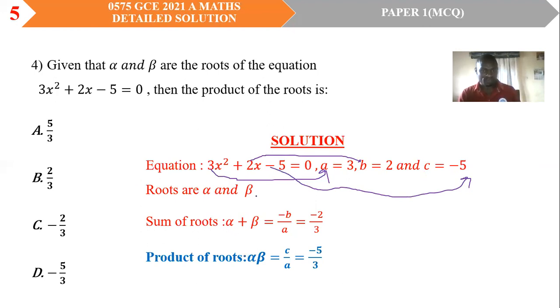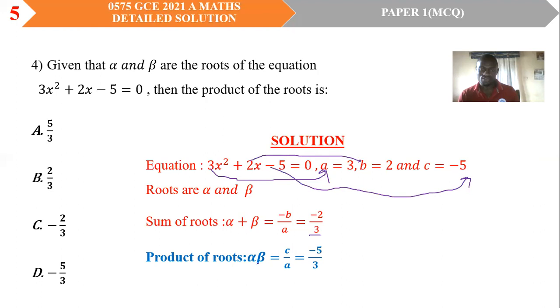Roots are alpha and beta. Now, the sum of roots is always related by the expression -b over a. We know that b is 2 and a is 3. So the sum of roots, alpha plus beta, will be -2 over 3. Products of roots, alpha times beta, we know that they are related by the expression c over a.